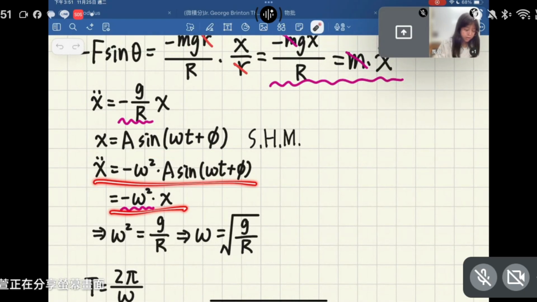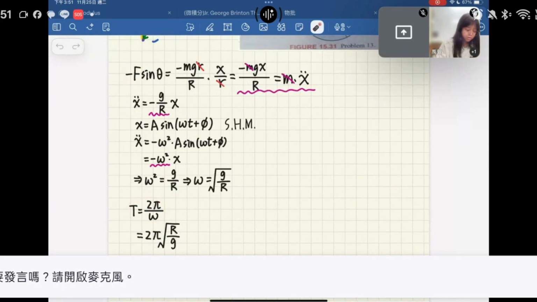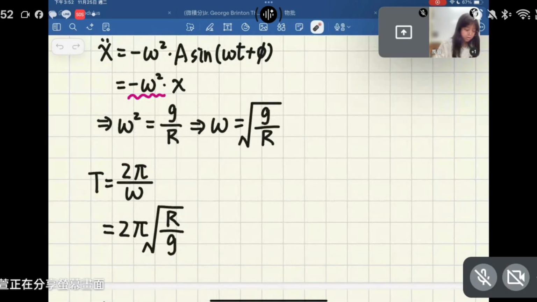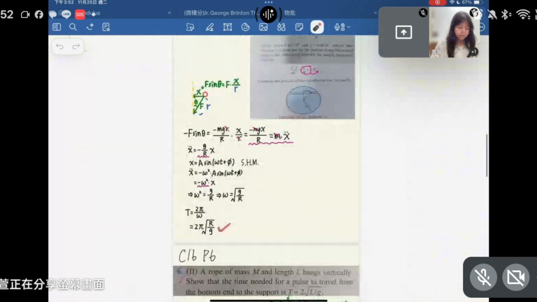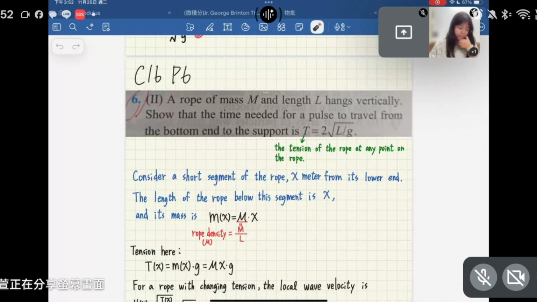So we get omega squared equals g over r, so omega equals the root of g over r. The period T equals 2 pi over omega, so the period equals 2 pi times the square root of r over g.